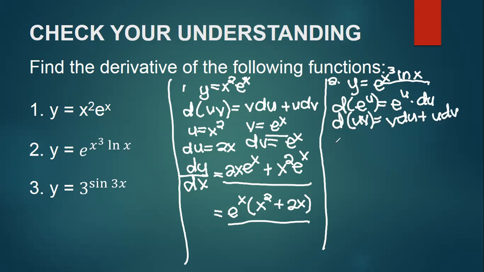So let's get first the derivative of the exponent. We let u be x cubed, so the derivative is 3x squared. V is equal to ln of x, and the derivative is equal to 1 over x. Let's get the dy over dx of the function.